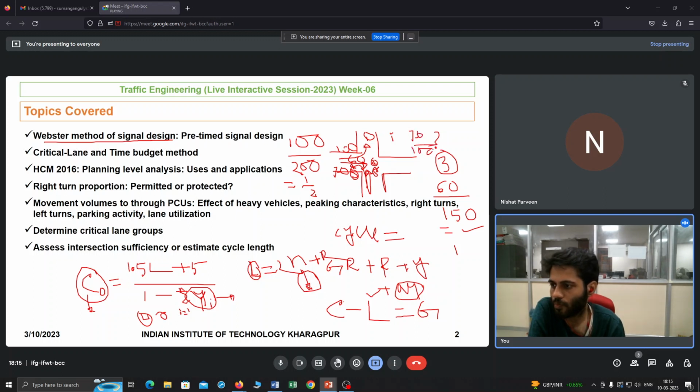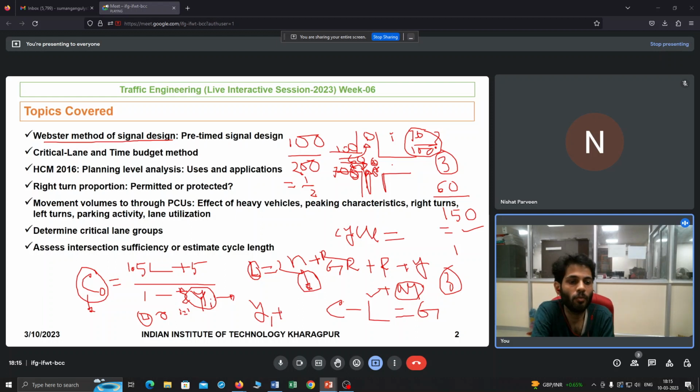Whichever ratio is maximum for this particular phase, we will consider as y1, and if it consists of 3 phases, we will see for each phase which is the critical movement, or critical v by c ratio. Why do we need to determine the critical one?